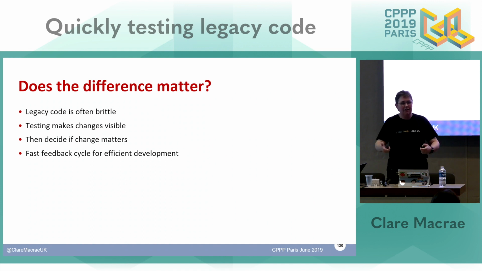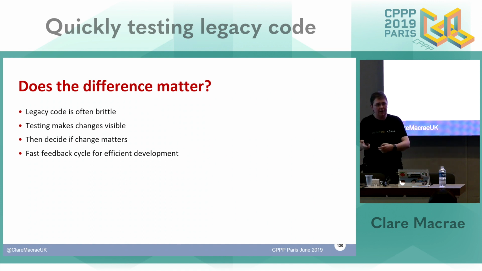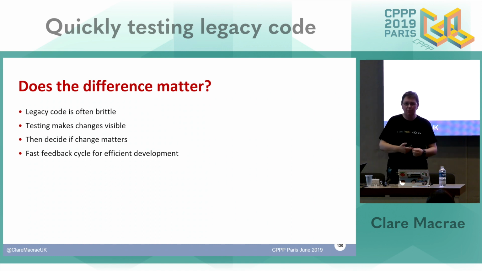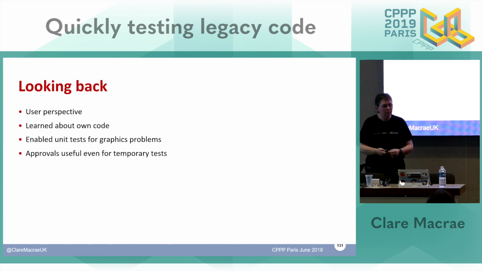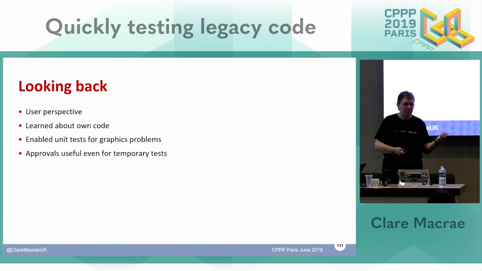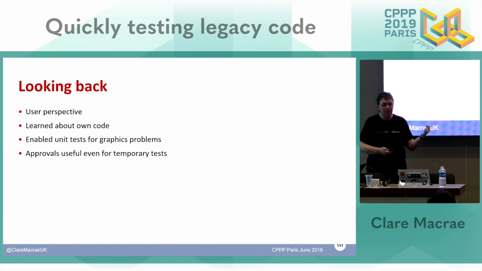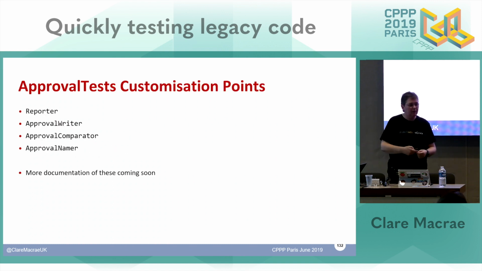That comes down to the knowledge of the programmers and the domain experts where you work. But this allows you to see those changes, and that fast feedback cycle could make for a much more efficient development. So looking back, it was really valuable using that graphics example. I learned a lot about that code, but I learned a lot about approval tests, and we improved it as well.